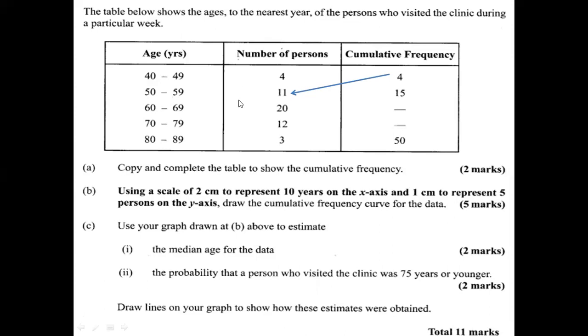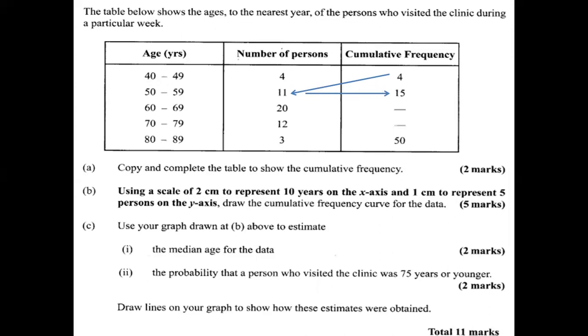For the second class, 11 persons. But cumulatively, it is the 4 plus the 11. So it's 15 persons that visited the clinic between the ages of 40 and 59. So the 11 persons from this class is being added to the 4 persons from the previous class, giving us the 15.